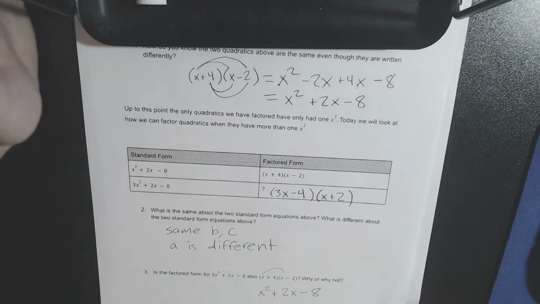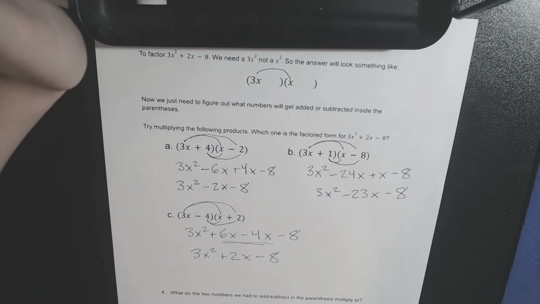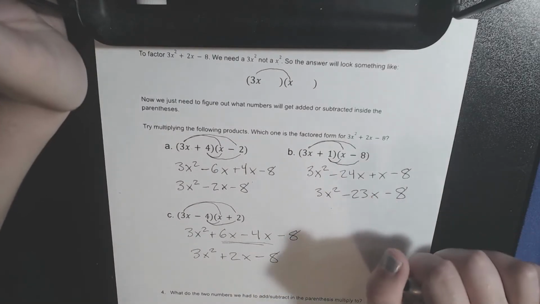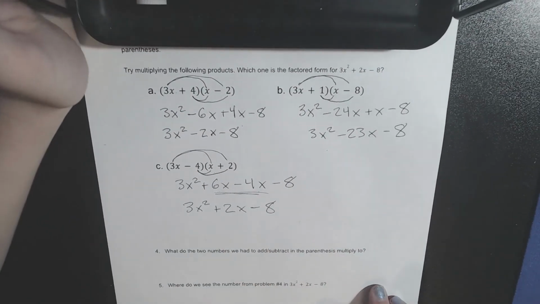That's what we'll look at. The method that we're going to teach you here is a guess and check sort of method, but it will help you figure out how to eliminate some of the possibilities.